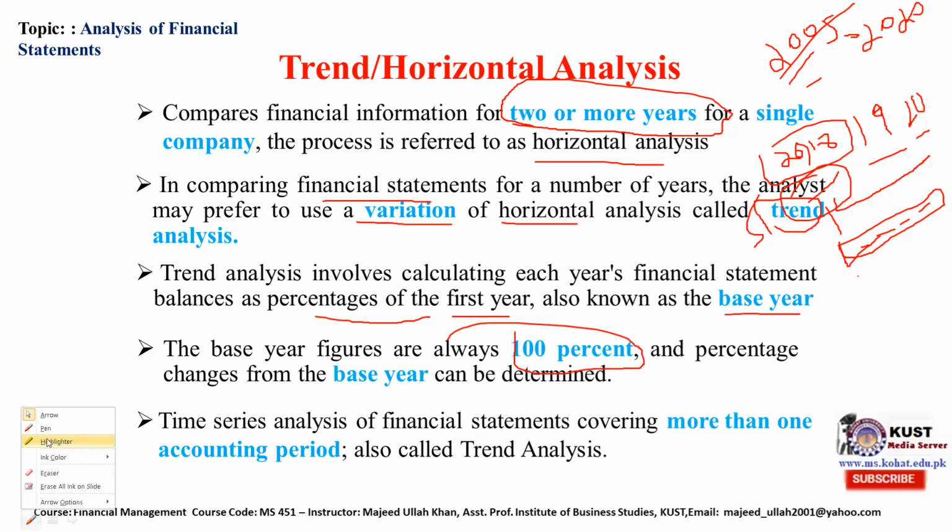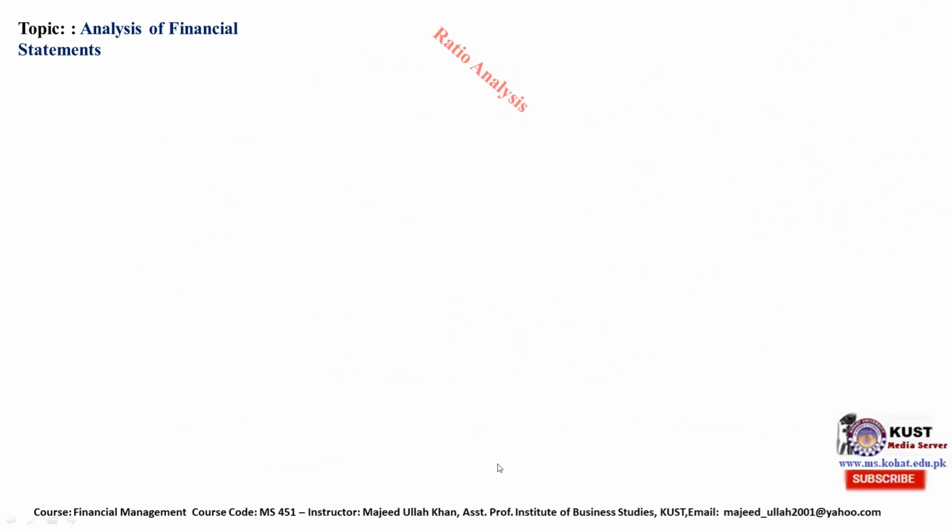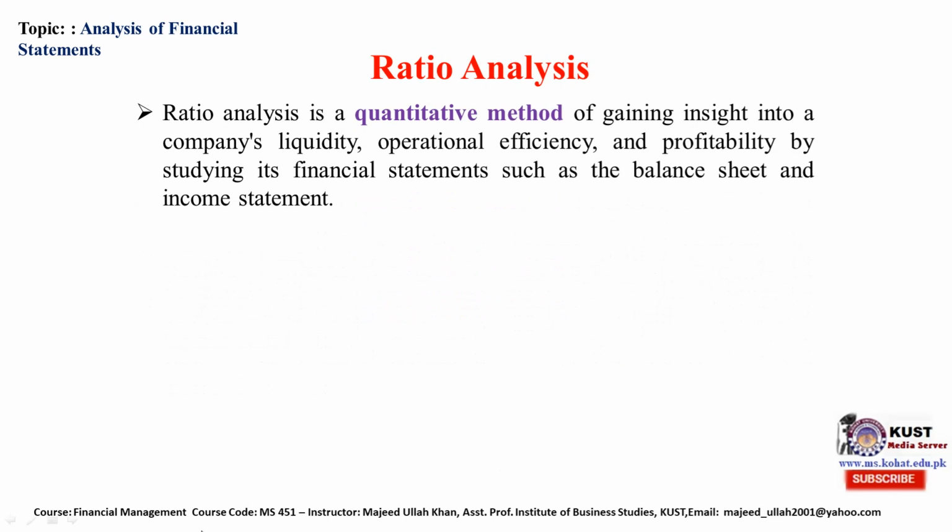But as I told you earlier, time series analysis covers a financial statement covering more than one accounting period, so it is also called trend analysis. Ratio analysis. It is a quantitative technique that looks for meaningful relationships between the items of the financial statement.